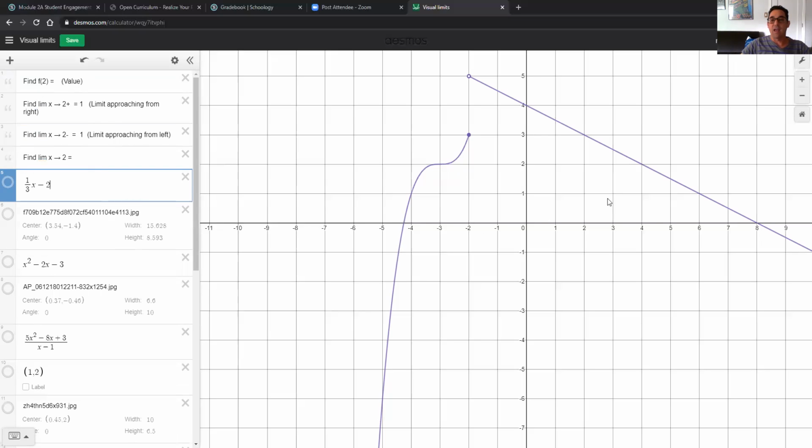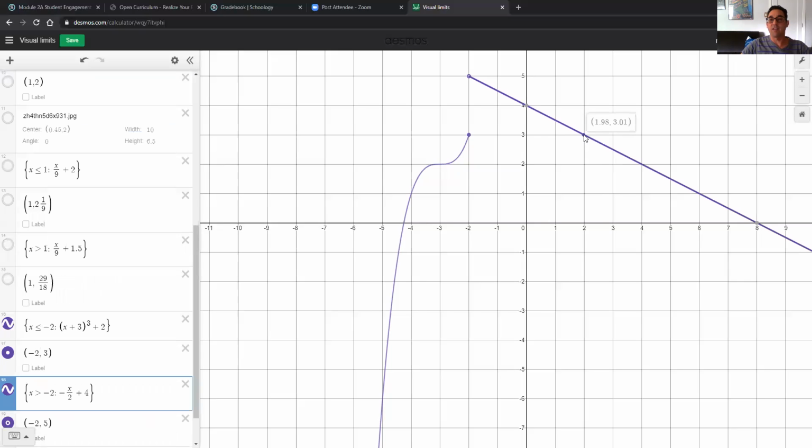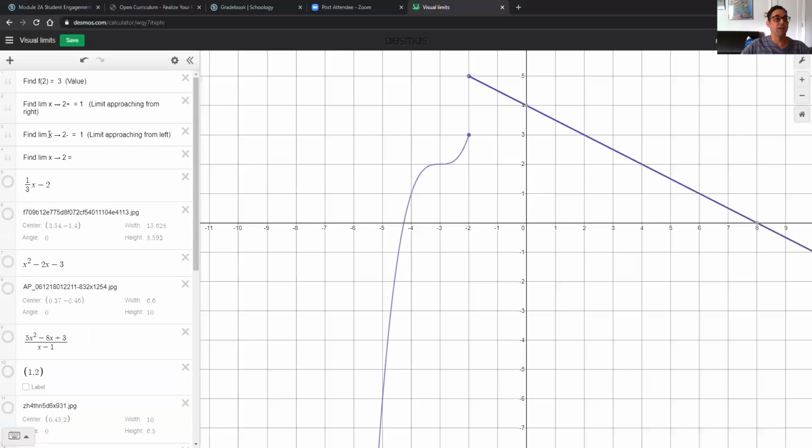Now, the value at 2, the y value seems to be 3, right? And you can click it if you want. When the x value is 2, the y value is 3. So there you go. Yeah, the value is (2, 3). And the limit, as I approach from the right, I'm heading to that same spot.